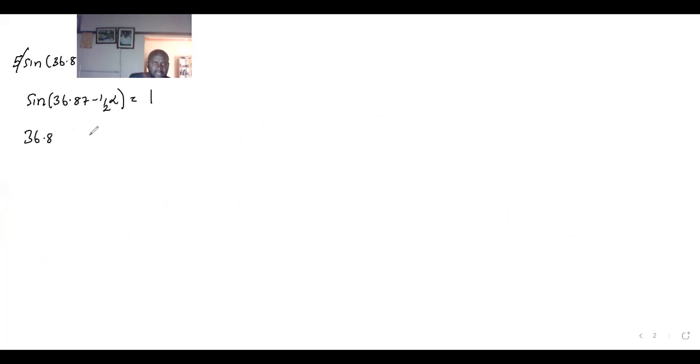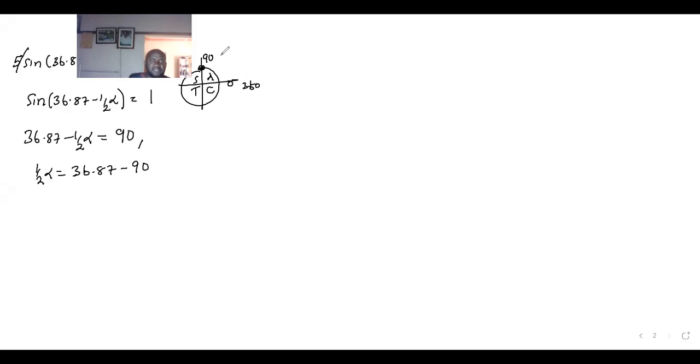36.87 minus a half alpha is equal to 90. So if it is equal to 90, then a half alpha is equal to 36.87 minus 90. But before 90, other angles that give us 1 are what? Remember, all students take cocaine. 90 is here, 0, 90. 360 plus 90, you get 450.